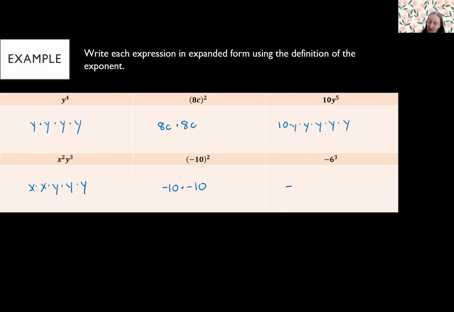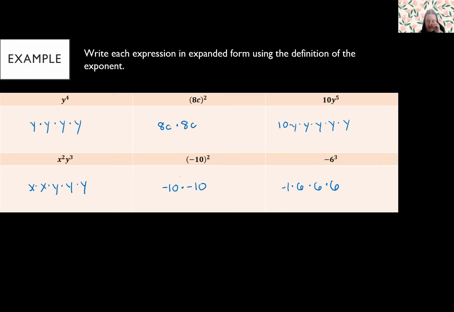So we have a negative, and then we have 6 times 6 times 6, because that exponent of 3 is only on the 6. That negative is separate and gets multiplied by the 6 times 6 times 6, which you can think of as a -1 times 6 times 6 times 6.